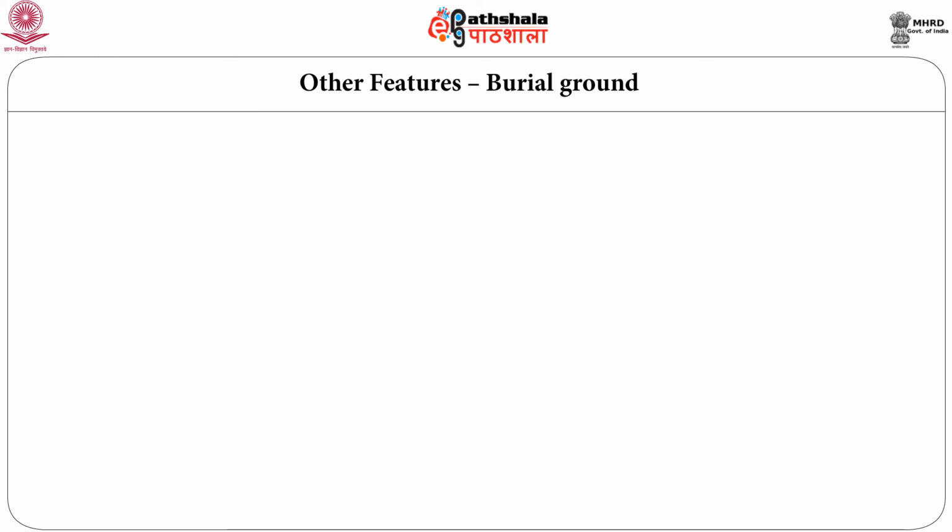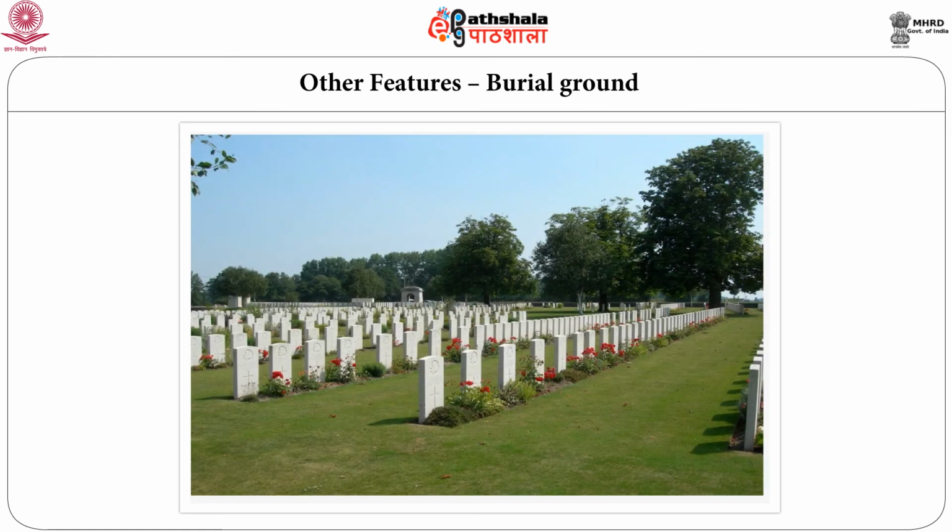The next factor would be burial ground. Now, a site in the immediate neighborhood of a burial ground is highly avoidable, not only because of the unpleasant sights, but also because of the smoke and the dust that might be emanating from the place.